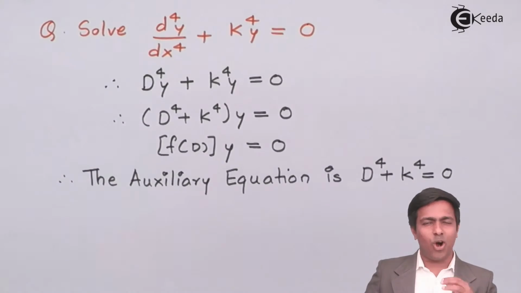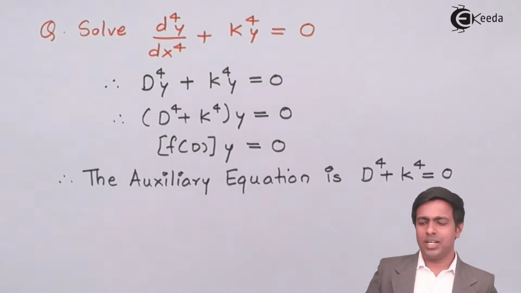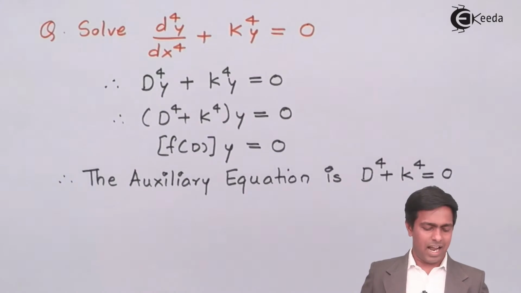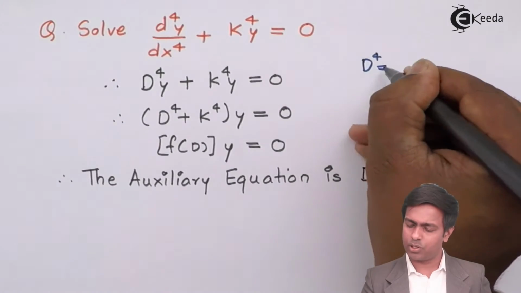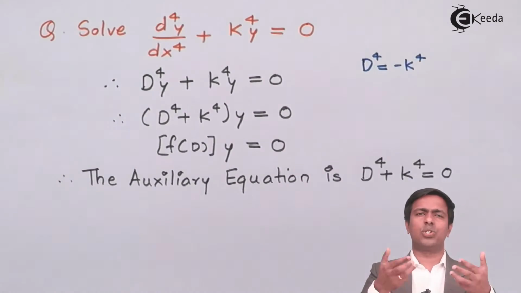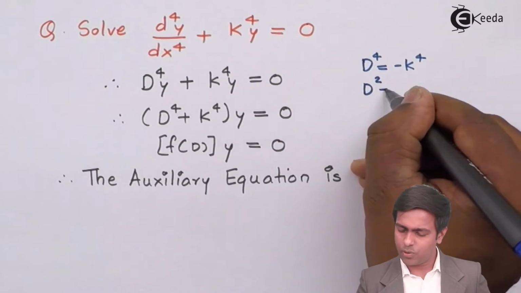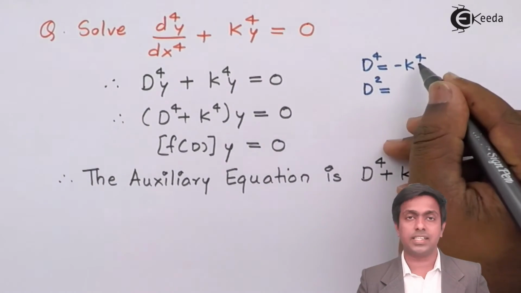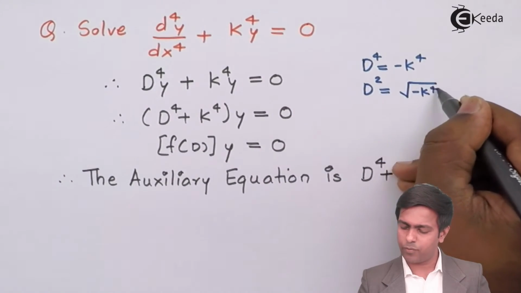So let me tell you the common mistake that almost all students make. They take that k raised to power 4 term on the right hand side, and it becomes D to the power 4 equal to negative k to the power 4. And then they say by taking roots on both sides, D square equal to root of negative k to the power 4.